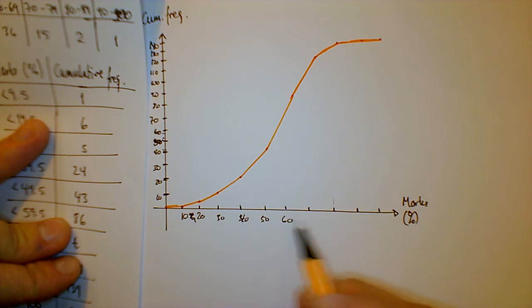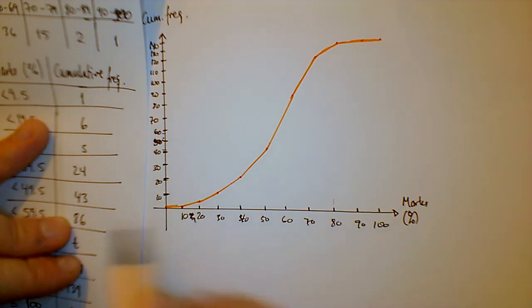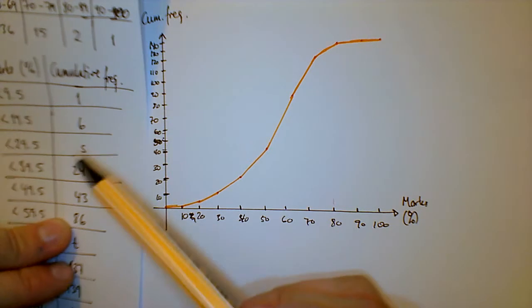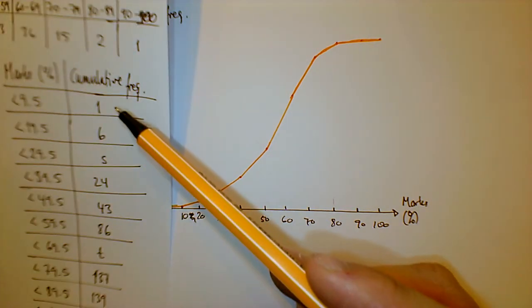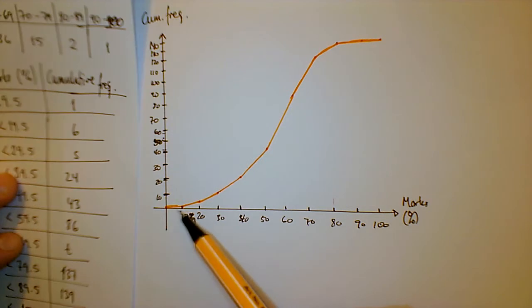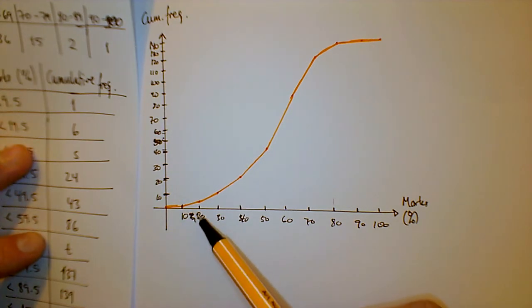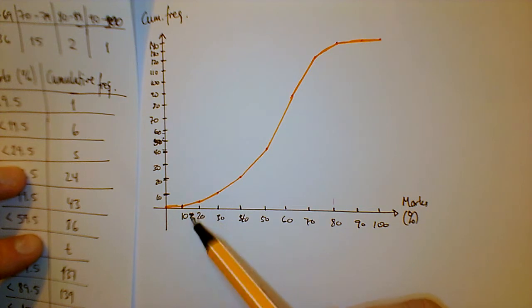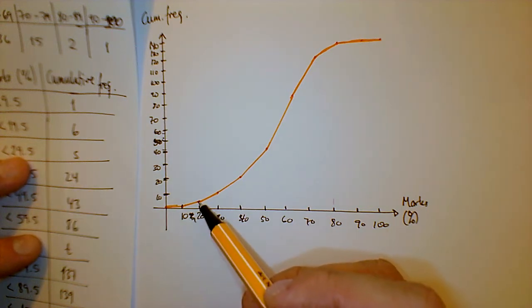So everyone that got less than 10%, that's just the one person. So that would be going up here. And then we're looking at everyone that got less than 19.5. That would be over here. That was 6, so that should be approximately here, and that should be correct. And then we can just continue doing that for all of it.